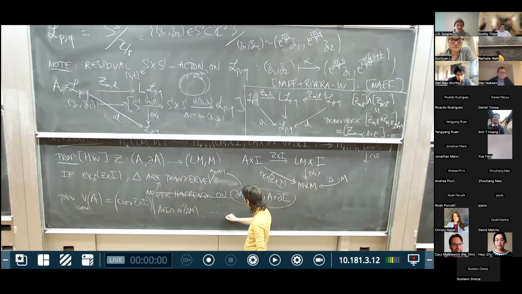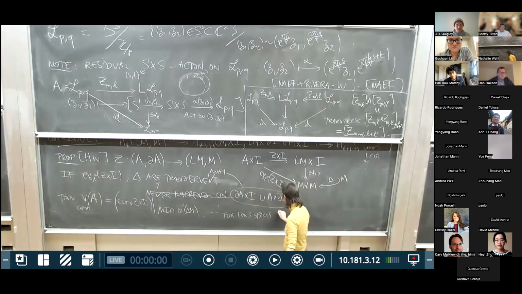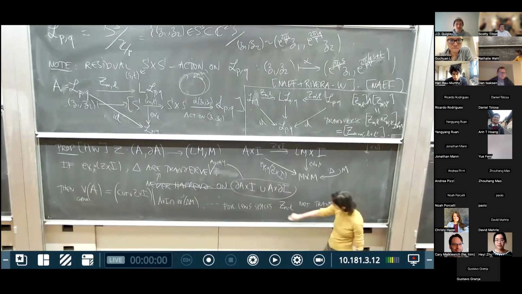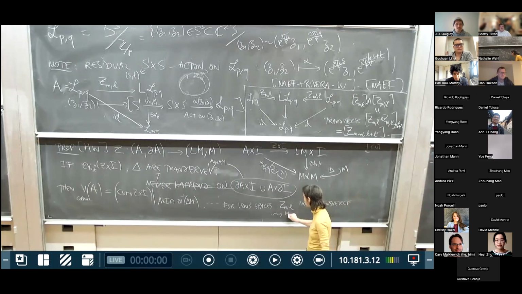Now, when you do this for length spaces, these classes Z and N, they're not exactly transverse. So they're not actually transverse. But you can push them around again. So when you do the computation, you first have to make them transverse.